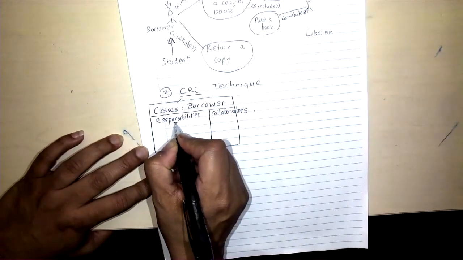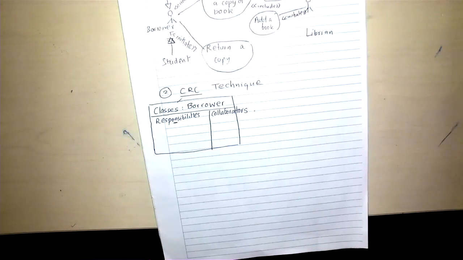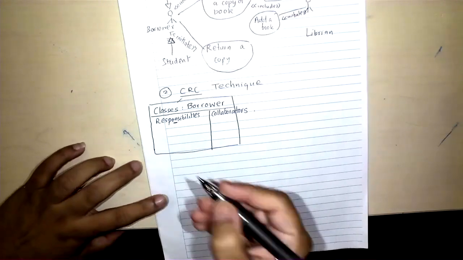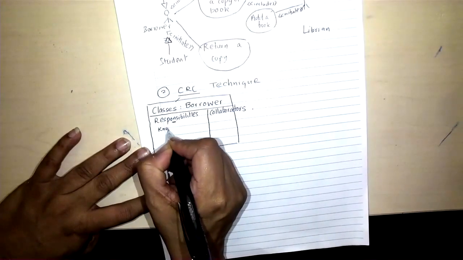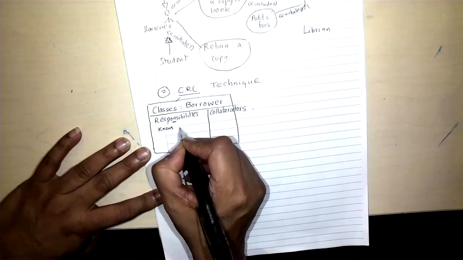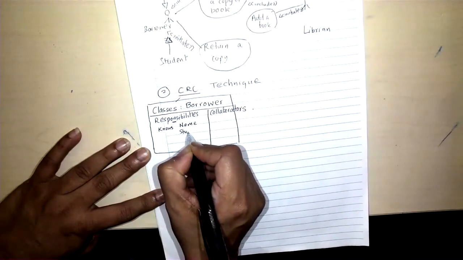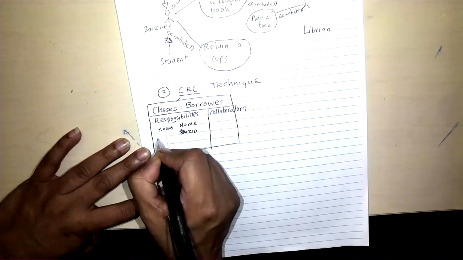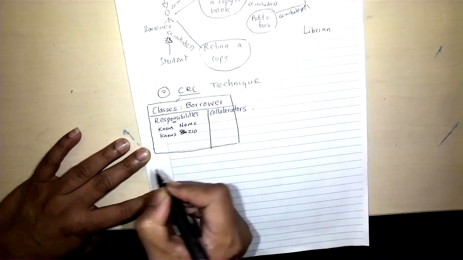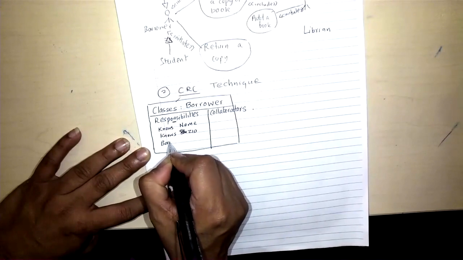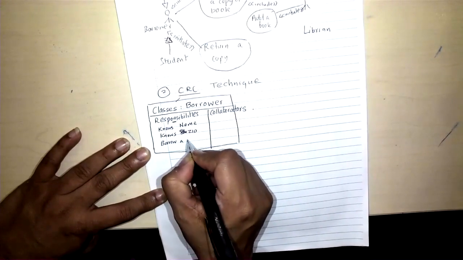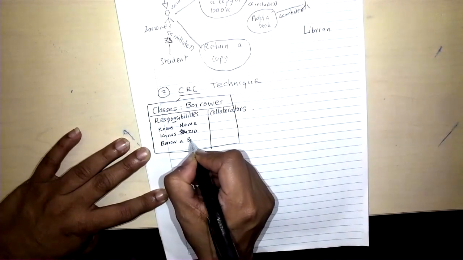The responsibilities are two things. One is you intend to do something, and what's the information that you know? So a borrower knows their name, their student, maybe their ZID, and they need to borrow a book copy.